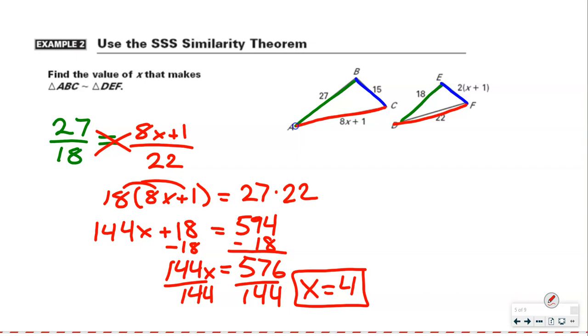And even with both of those x's there, we could still figure it out. We would end up with an x squared in there and find a square root, something like that, but we would still come up with x equals 4. So you just have to pick two of the three.